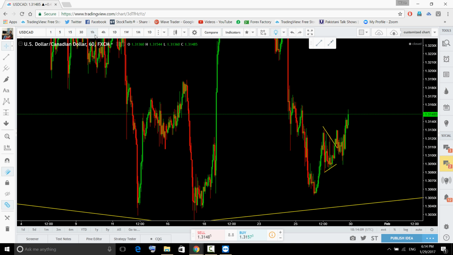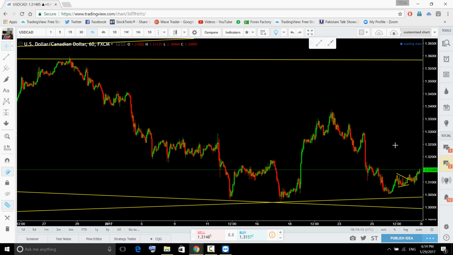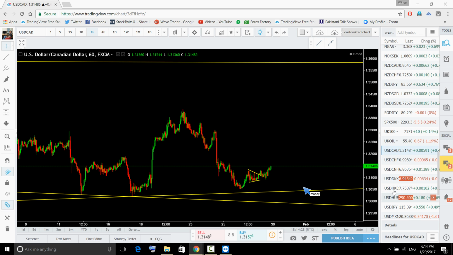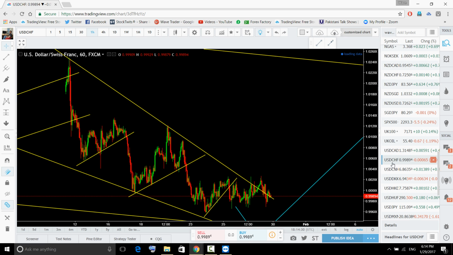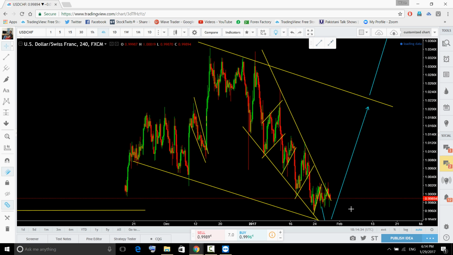Try to buy as much low as you can. Breakdown, come up to the lower trend line, look for buy. Right, so it seems to me that one more leg to the upside is still left on this pair before it continues to the downside.